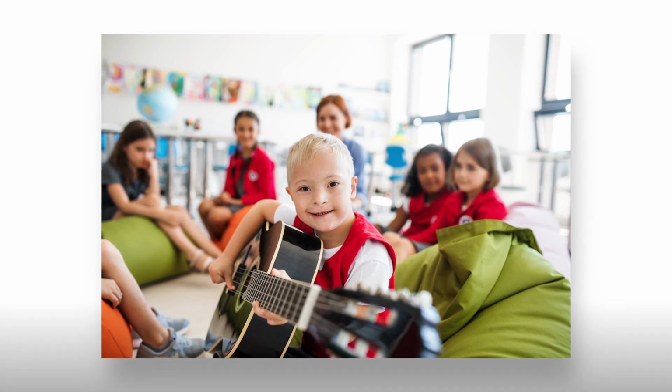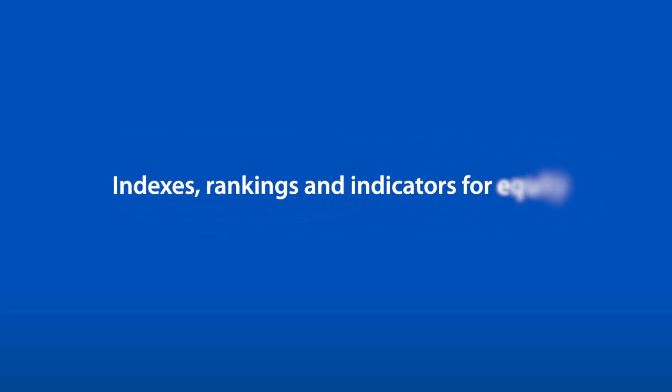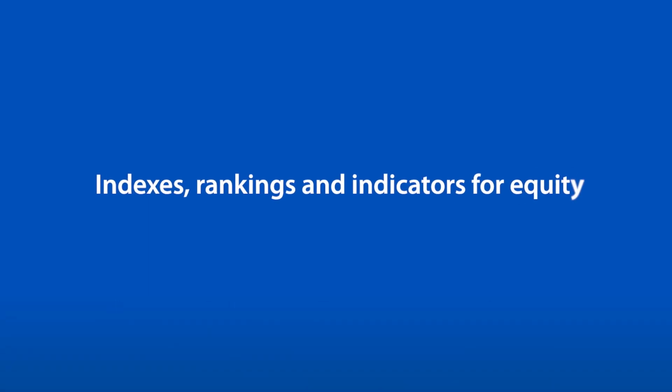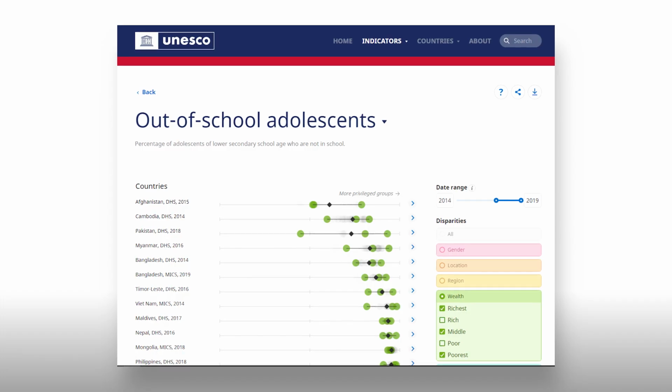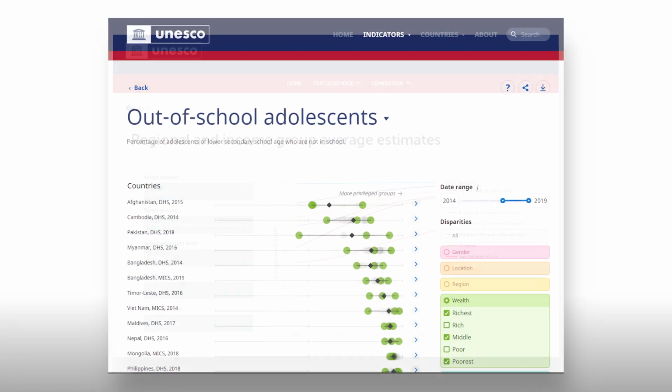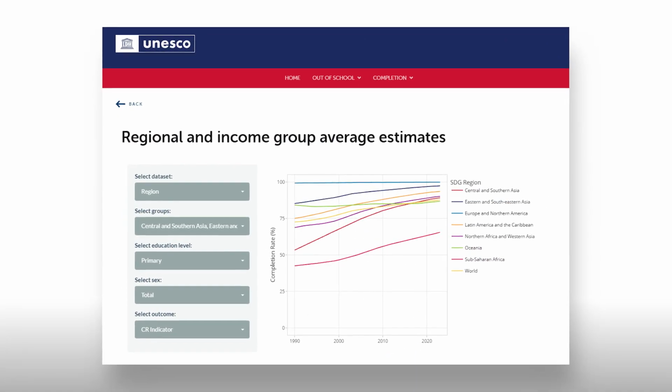Indexes, rankings, and indicators for equity. Another way to use data to recognize and increase equity in education is by having indexes, rankings, and indicators that are equity focused.